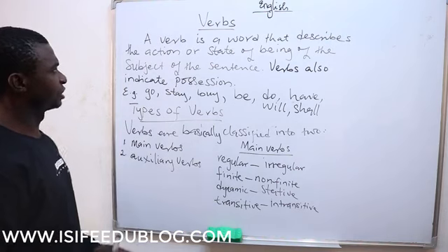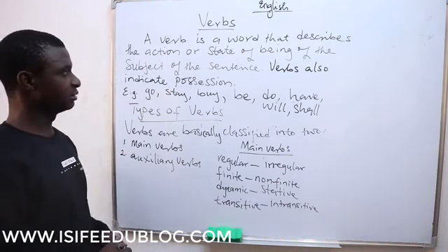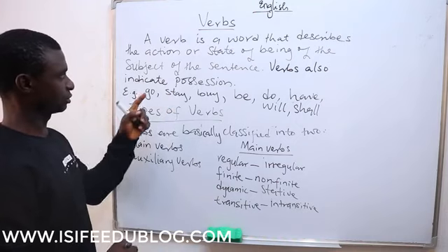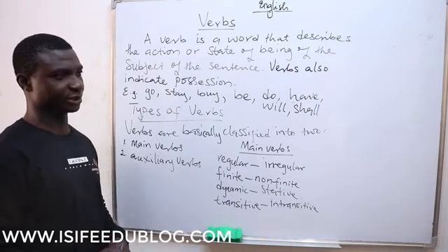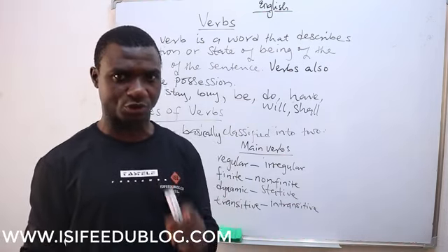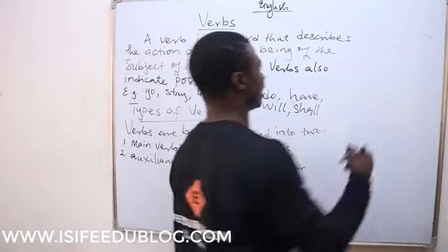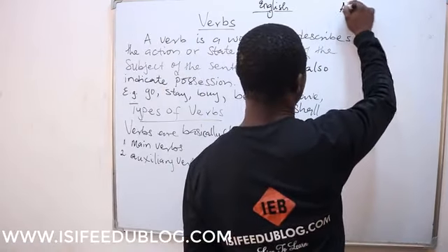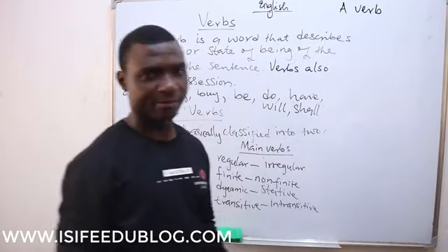Here, we say a verb is a word that describes the action or state of being of the subject of the sentence. This is completely different from what you knew. I say this because much of the time, our teachers will say a verb is an action word or a doing word.